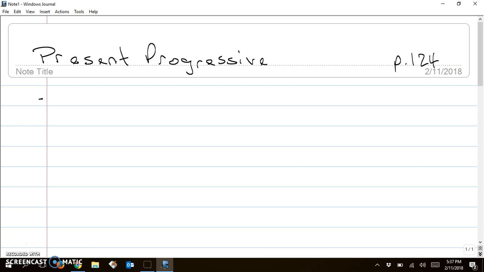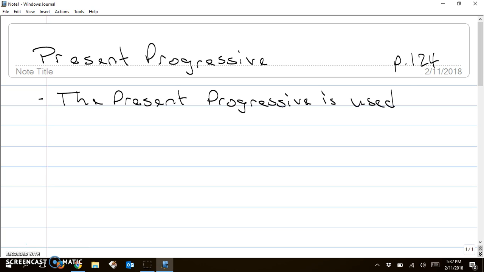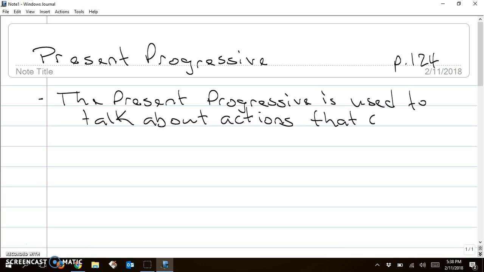And the present progressive is used to talk about actions that are in progress. Imagine that. Present progressive, actions in progress.